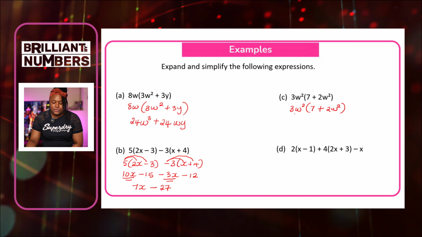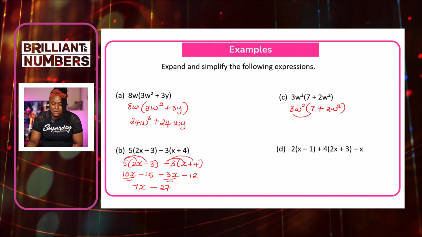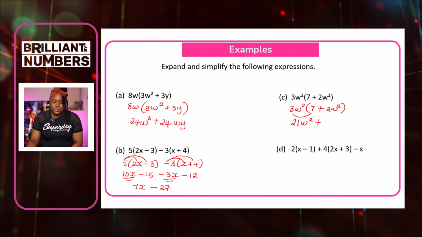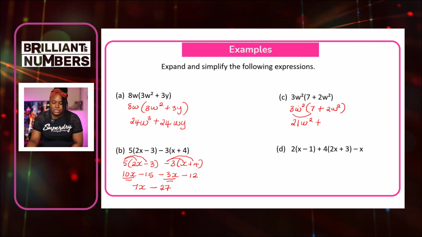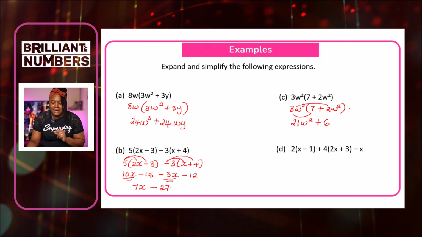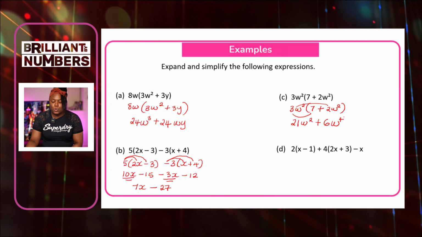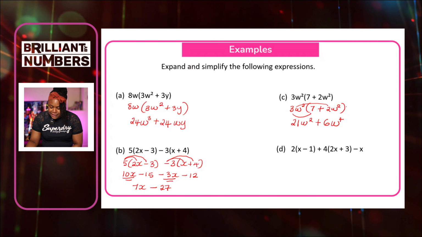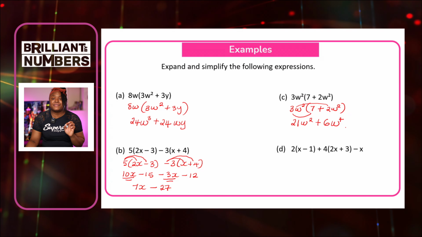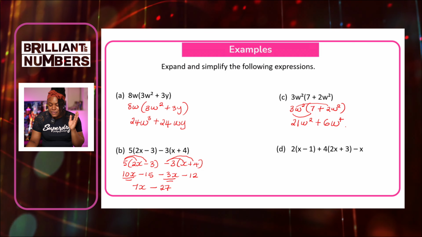So I do 3w squared times 7. 3 times 7 is 21, so 21w squared plus, I'm doing 3 times 2 here, which is 6, and w squared times w squared will be w to the power of 4. So we've got to add the powers together. So again, these are not like terms because one of them is a w squared while the other is w to the power of 4.